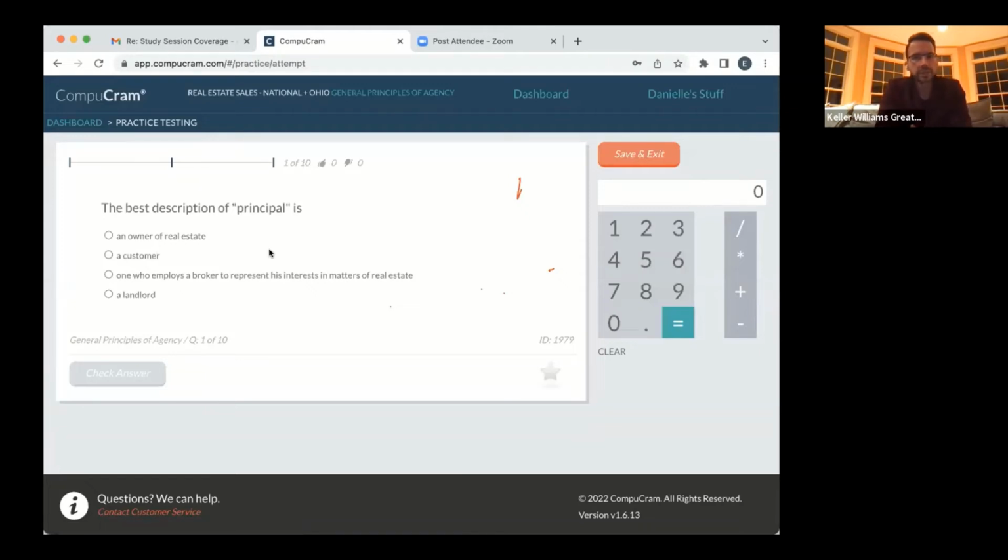All right, best description of a principal is A, an owner of real estate. B, a customer. C, one who employs a broker to represent his interest in matters of real estate. Or D, a landlord.